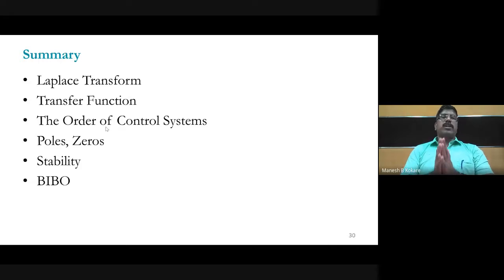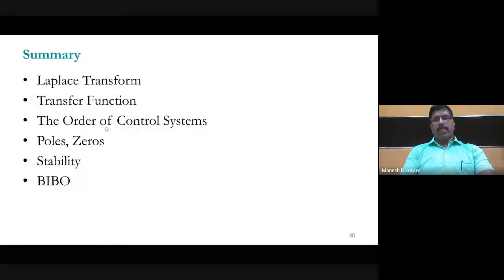So this finishes our chapter number 2, and from tomorrow we'll start chapter number 3, that is mathematical modeling of physical systems.